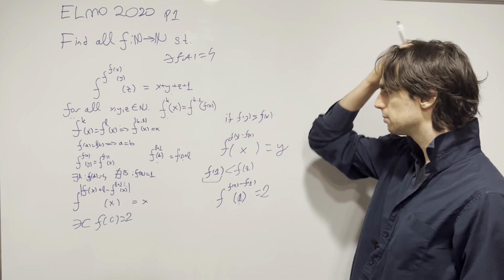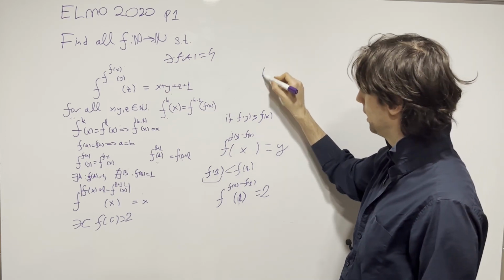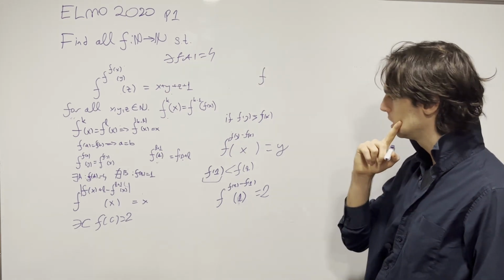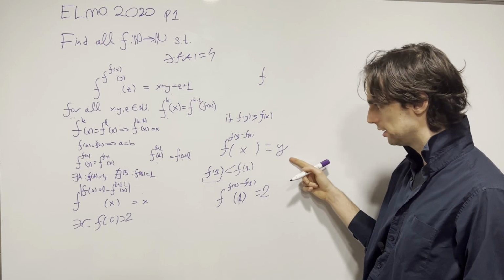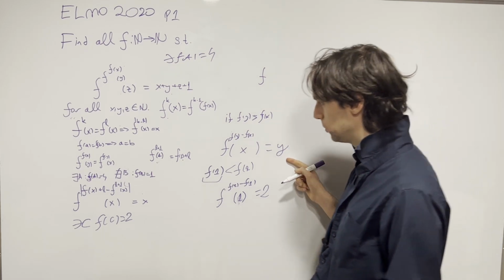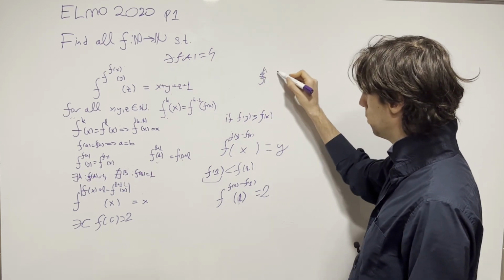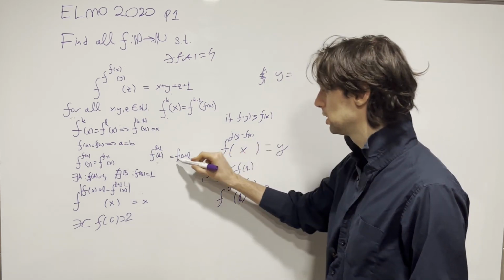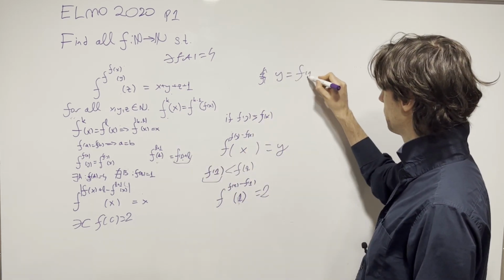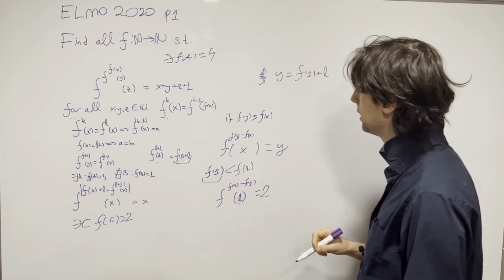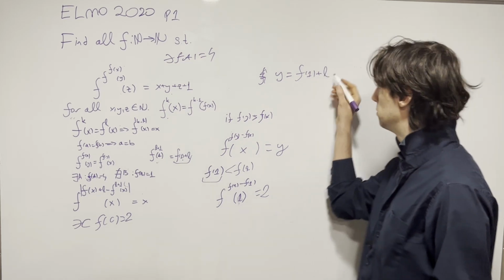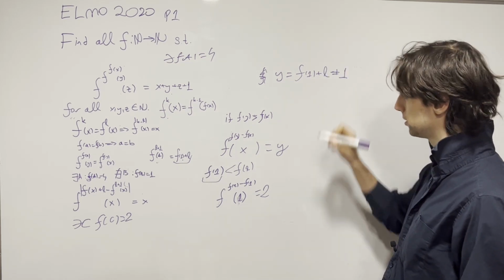Because now we have, we can get anything for y, and we can set y to be equal to f of 1 plus L, right? This isn't going to be equal to 1.